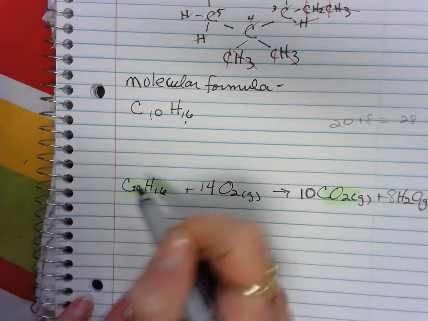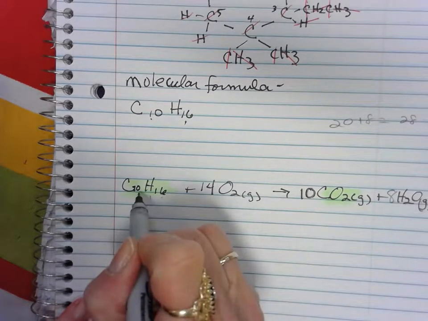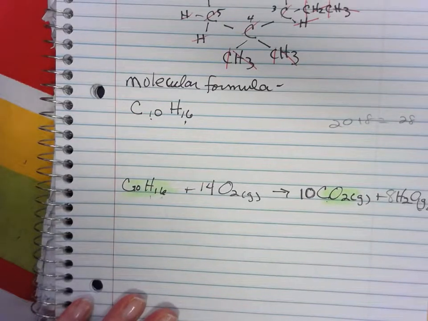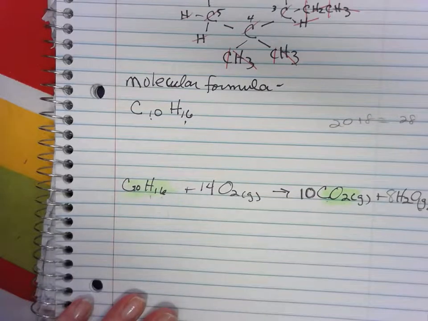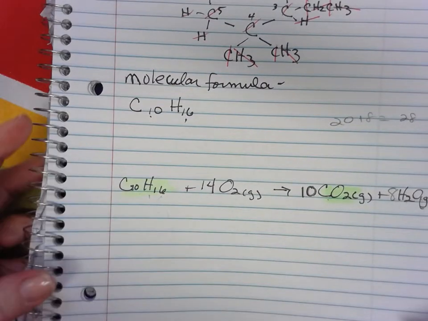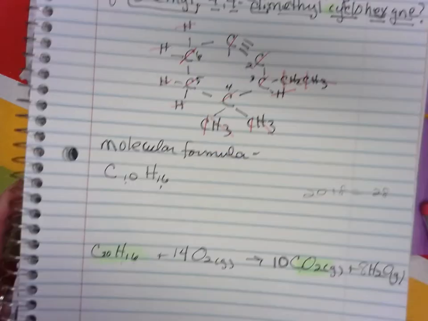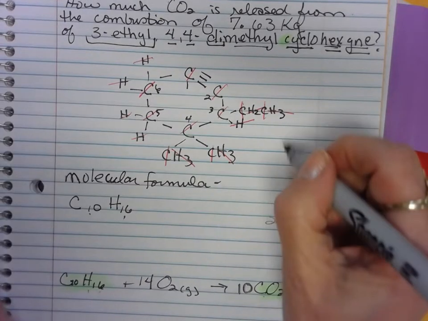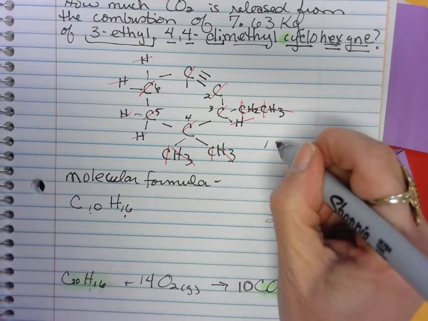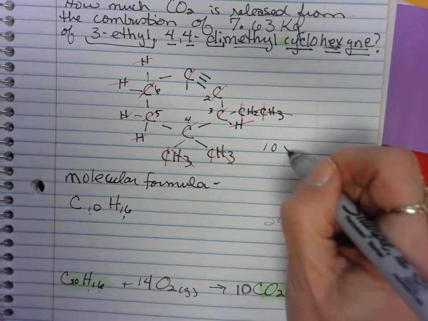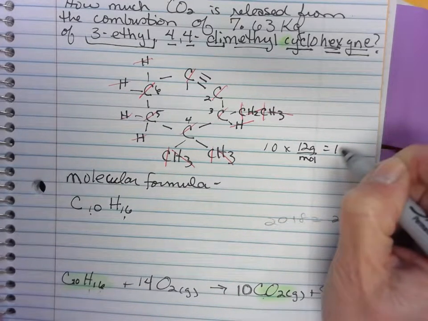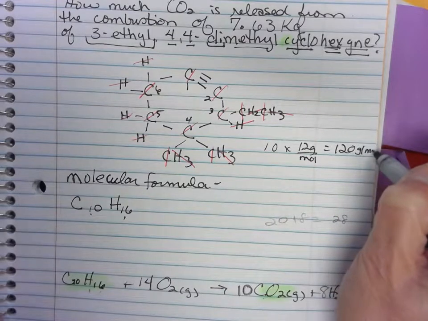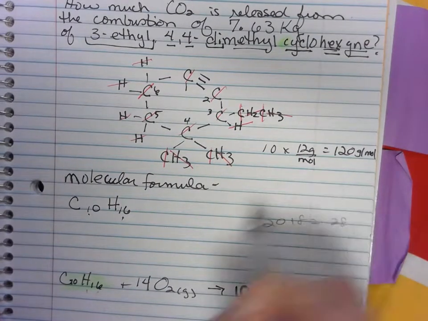First, I have to find the molar mass of this one and this one. So for C10H16, I've got 10 carbons at 12 grams per mole. It gives me 120 grams per mole from my carbons.